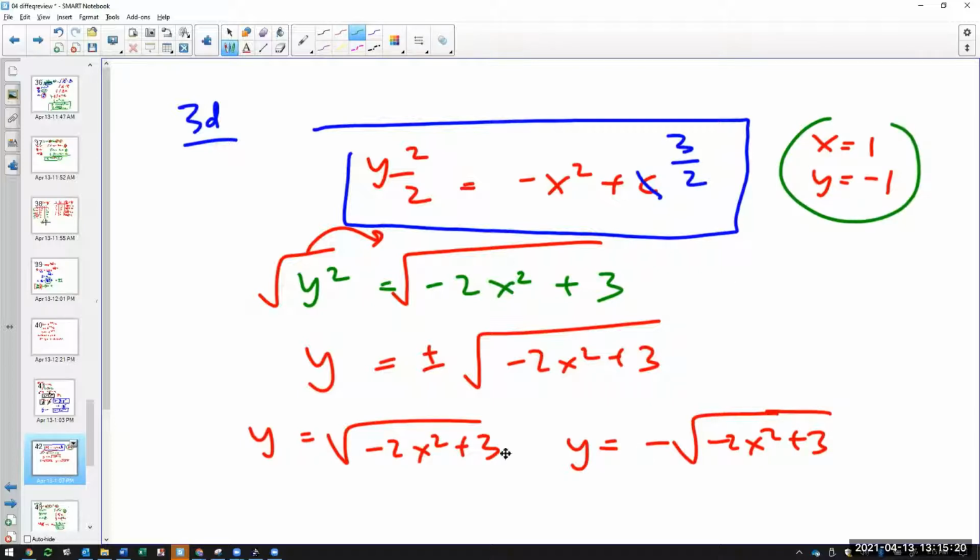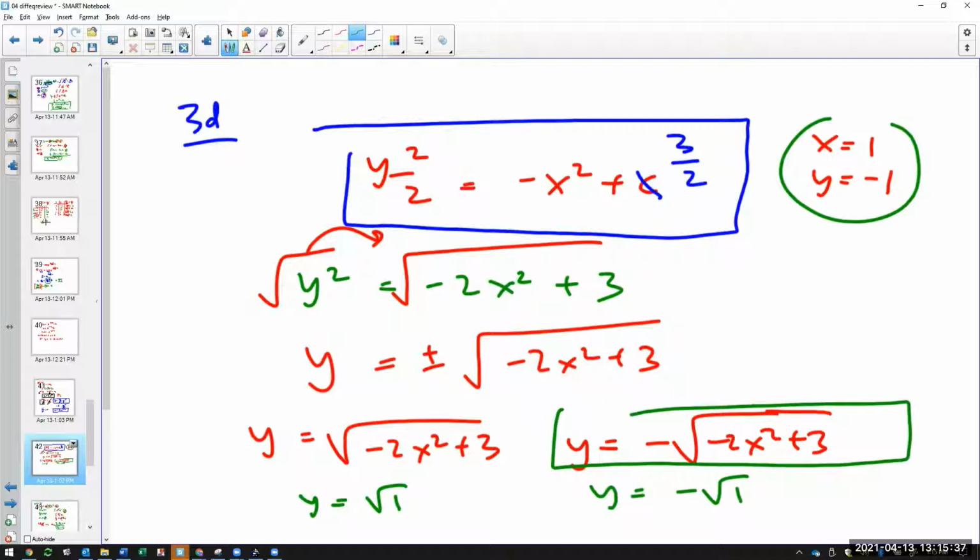If I plug in x equals 1 here, I'll get +1. If I plug in x equals 1 here, I'll get -1. So that's why this is the answer, but not this. If they both satisfy this condition, then both would be the answer. But it turns out only one of them satisfies this condition.